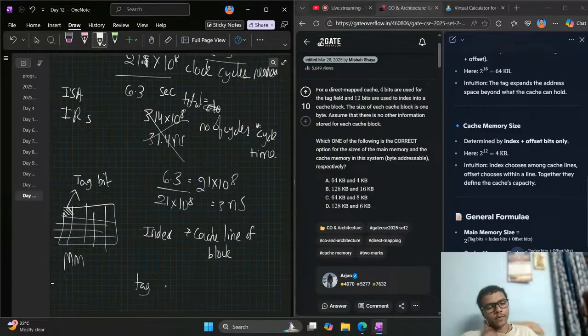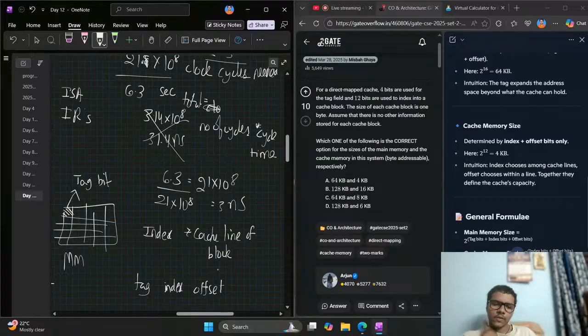So we got tag, we got index, we got offset. The size of each block is 1 byte, so offset is 0. So 4 bits are used for tag and 12 bits are used for index.